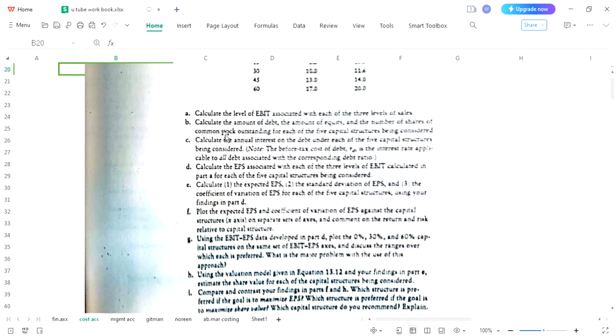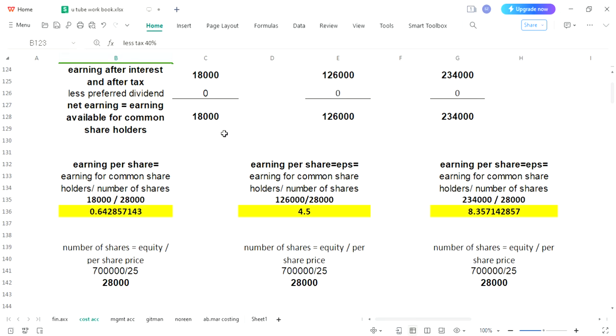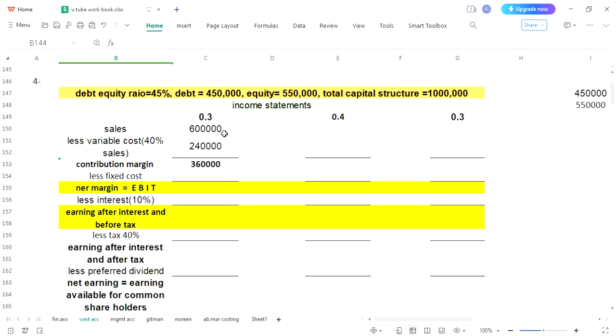Though you have seen several income statements being made, four parts you have solved, fixed cost would not be altered. It would remain the same for a particular period of time, 3 lakh. EBIT we can now calculate by subtracting fixed cost from contribution margin. 3,60,000 contribution margin, fixed cost is 3 lakh. So we have got earning before interest and tax as 60,000.